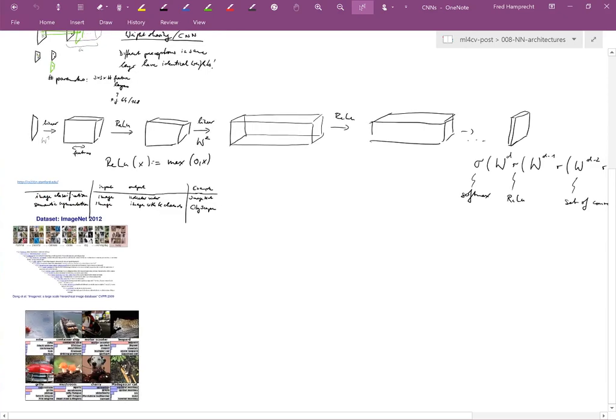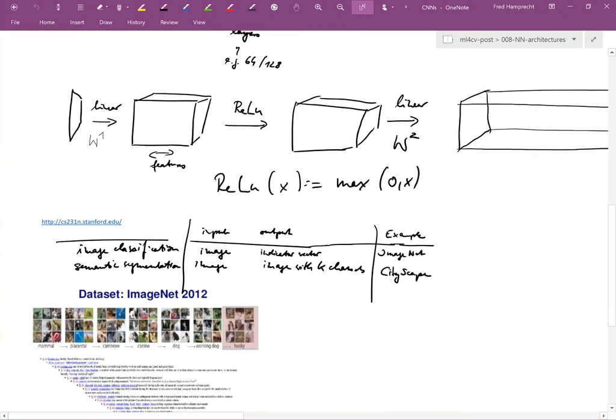Okay, and now in the following, I want to use these two problems, image classification and semantic segmentation, as benchmark problems, and look with you at a couple of architectures that have been used to address these problems.